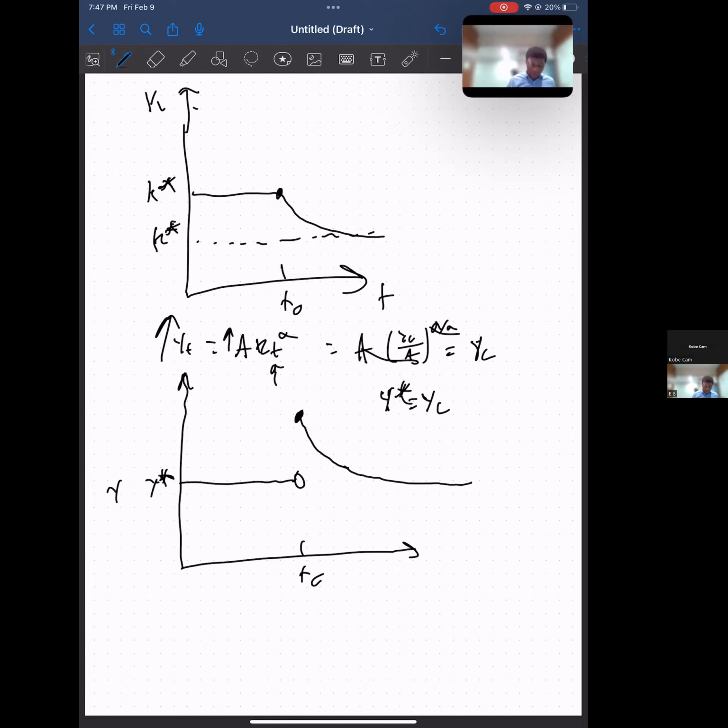So Y double star is going right back to where it was. Okay. So now we know what happens to output. We know what happens to capital. Let's see what happens to people.